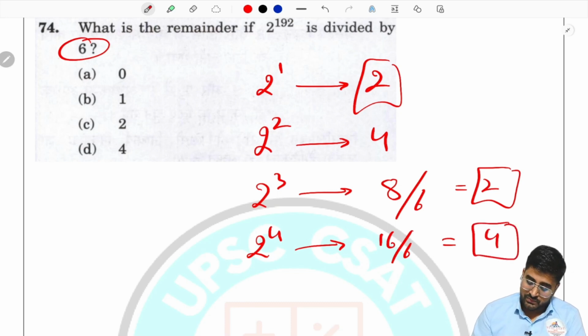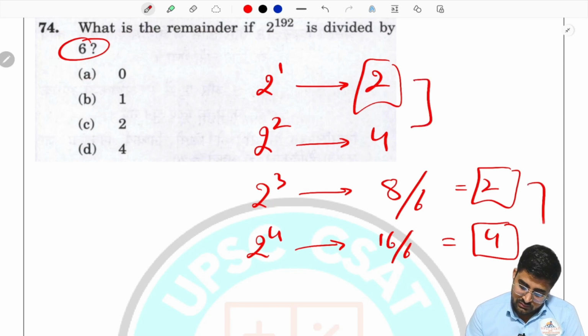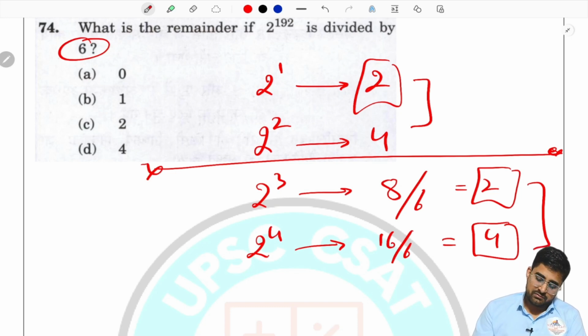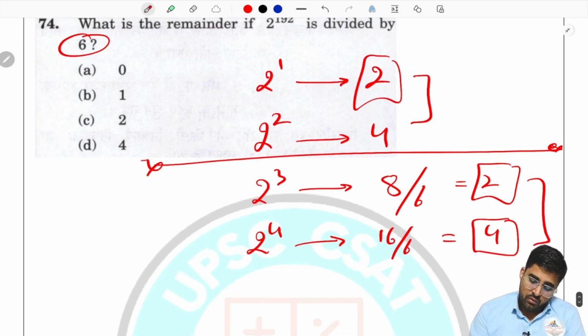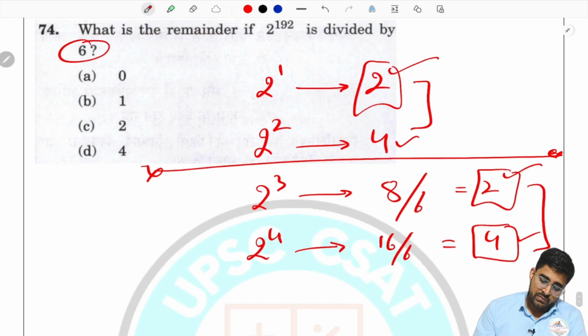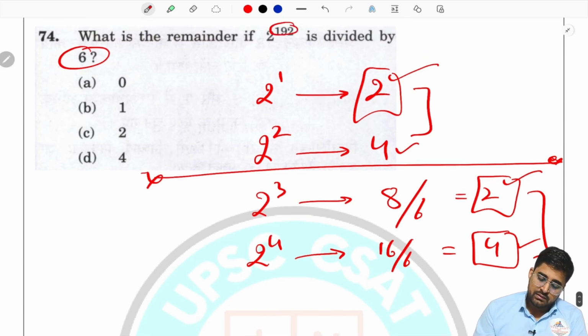Let's stop here. What we have observed is that after 2, the terms keep repeating themselves. For odd powers the remainder is 2, and for even powers the remainder is 4. So the power here is 192, which is even, so the remainder will be 4.